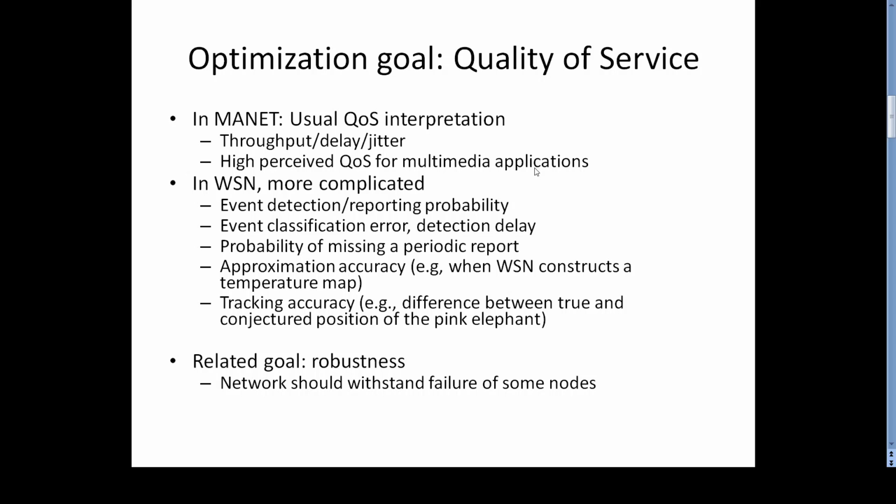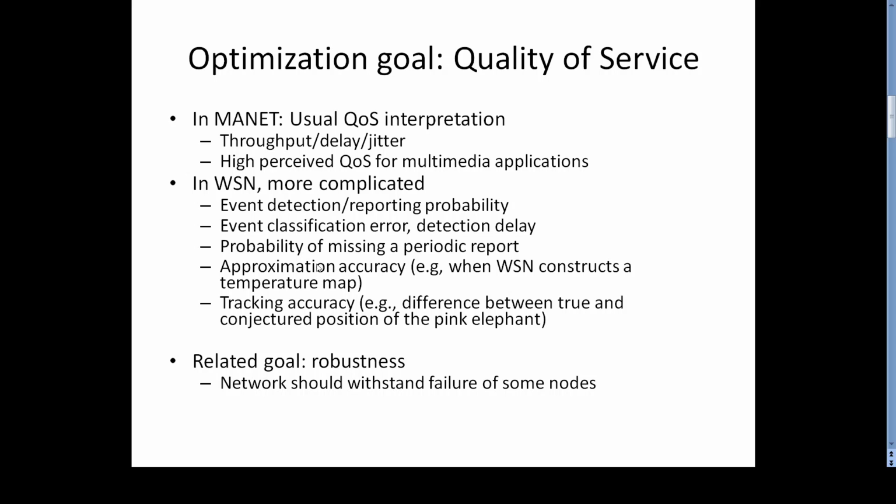In wireless sensor networks, quality of service is more complicated. Here the quality is dependent on event detection or event reporting probability, event classification error, detection delay, probability of missing a periodic report, approximation accuracy, and tracking accuracy.